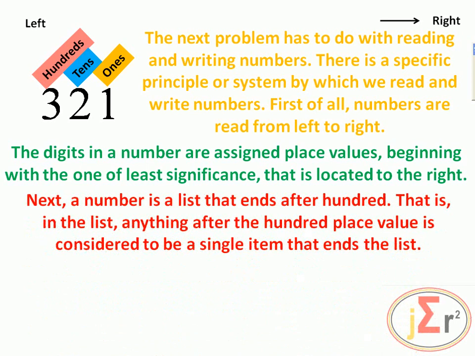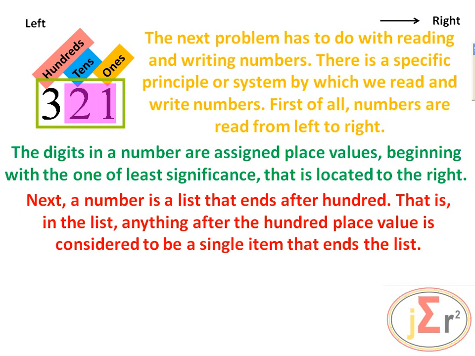Next, a number is a list that ends after 100. That is, in the list, anything after the 100 place value is considered to be a single item that ends the list. Therefore, what we have there is 321.